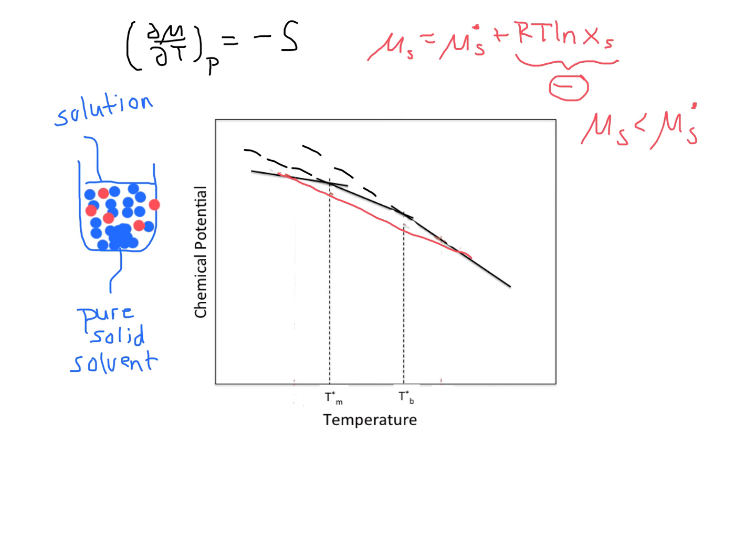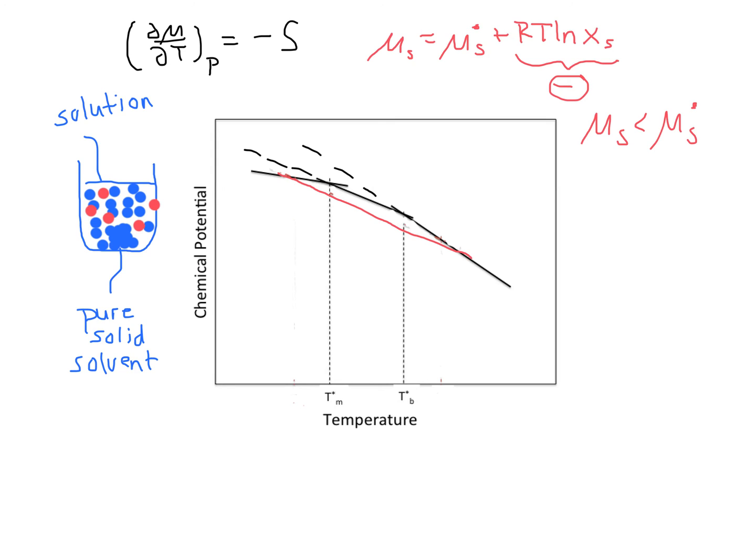When a solvent freezes from solution, the solid that is formed is nearly pure solid. Therefore, the chemical potential that we're interested in for the solid remains the same as the pure solid line.